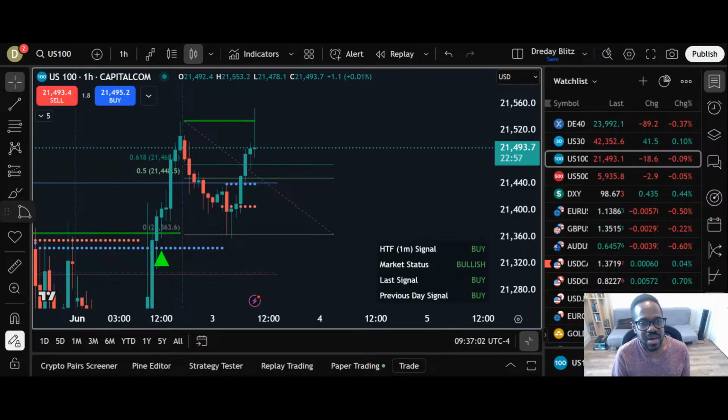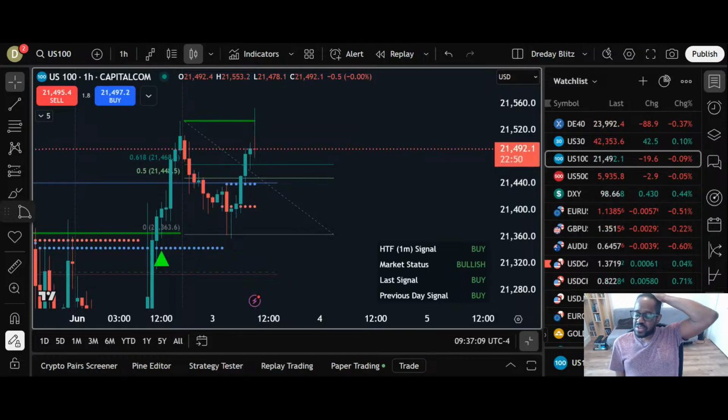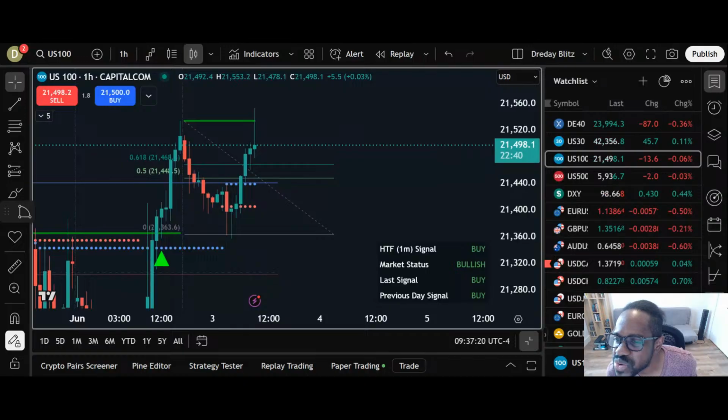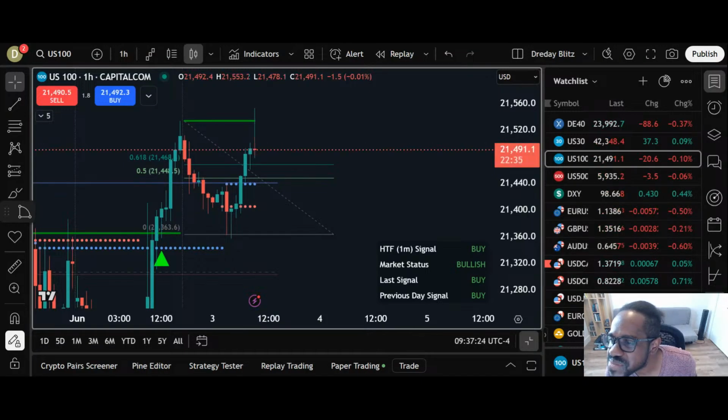And remember, we do have some news at around 10. So that news, if it's negative, should start to move the market in the downside for the indices, especially for the U.S. indices and German too, because most of the time German is moving the same way as the U.S. indices.